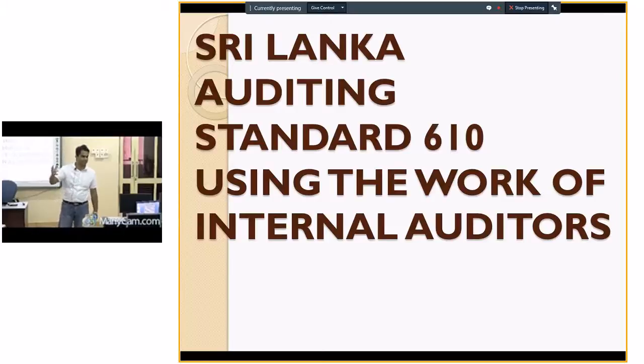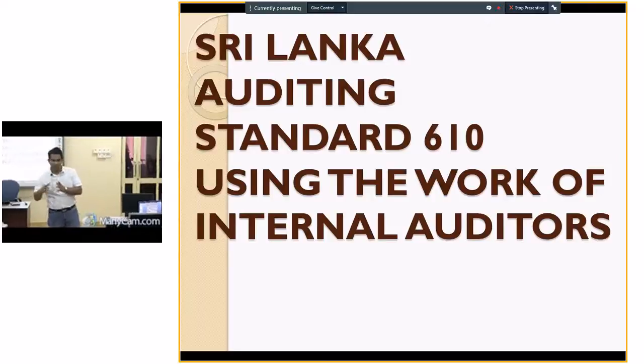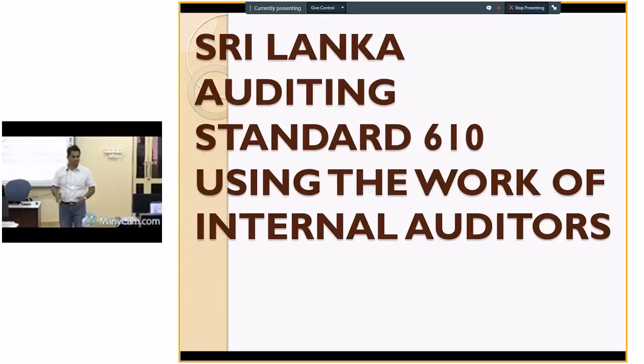Apart from risk management, corporate governance and monitoring the controlling mechanism, they will look into the business operations, the manufacturing process, right? They will focus on operational aspects as well. It depends on the management requirements, but to that level the internal auditor's role has developed at this moment.